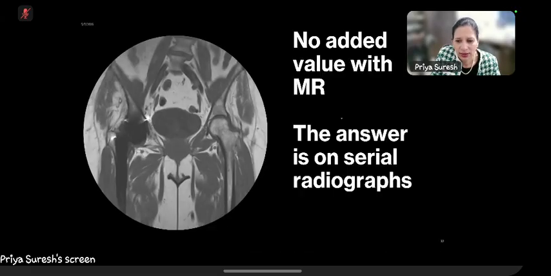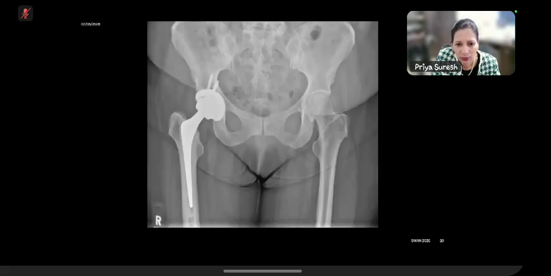Like I said, there's no added value of MR for this particular complication; the answer is on serial radiographs. All you need to do is get the previous radiograph and have a look. Even if you didn't have the previous radiograph, the fact that it's asymmetrical is the clue for you to think about this complication. And the patient went on to have a complete revision.